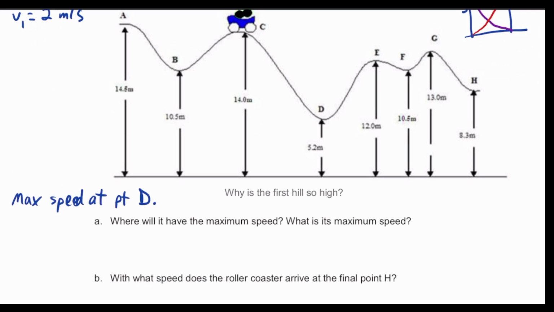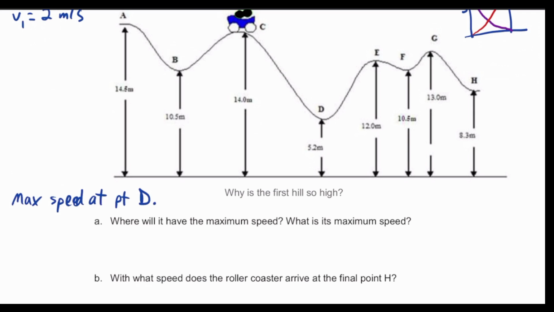So it's going to occur at point D because that is the place where the gravitational potential energy is lowest, which means that energy has been transformed into kinetic energy, and therefore that is when the kinetic energy is highest, and therefore it must have the greatest velocity at that point.